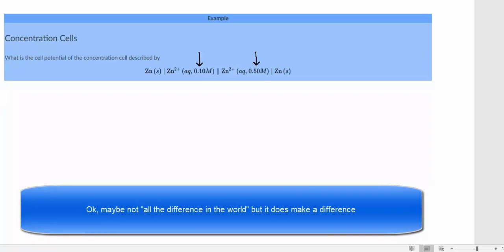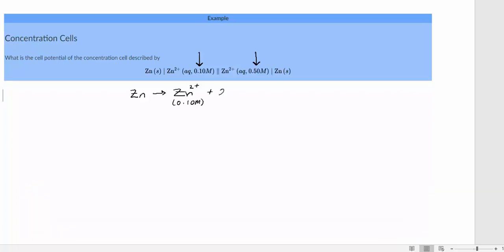So first thing I'm going to do is peel out my half reactions. I have my anode reaction. And I'm just going to put that concentration right here. And this is my anode. And the standard reduction potential for the anode is negative 0.7618 volts.